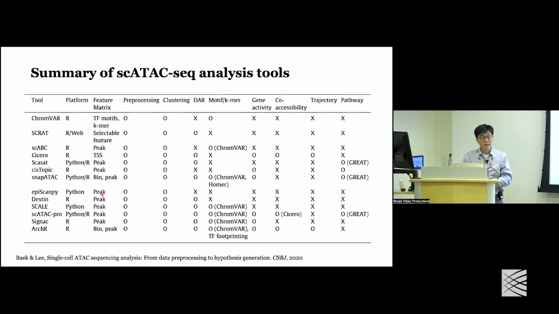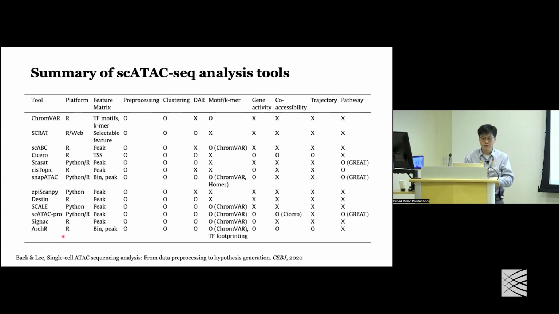So this is my last slide. Here is a summary of some of the most popular tools used to analyze single-cell ATAC-Seq data. This is by no means an exhaustive list of tools, but just to highlight a few: Signac is actually the ATAC-Seq version of Seurat, and it borrows a lot of functionality from the Seurat package as well.